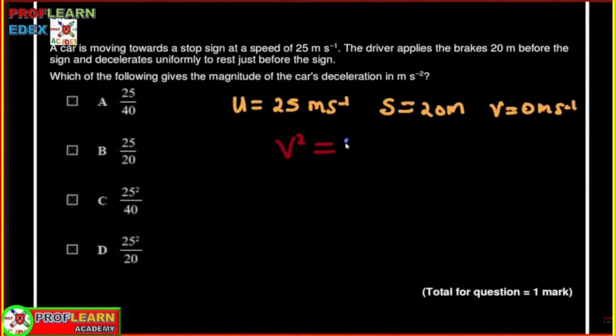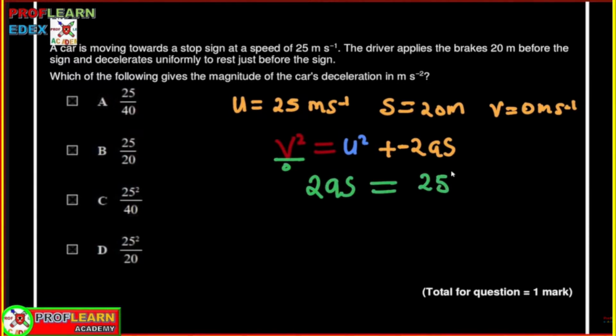Then we are supposed to work out the car's deceleration, and in that case we can substitute what we have in this question. Substituting into the formula, this is negative because the car is decelerating, so we have 0 there, because the final velocity is 0.